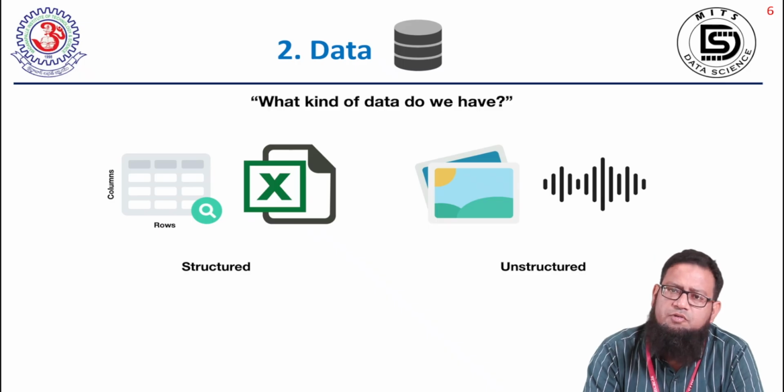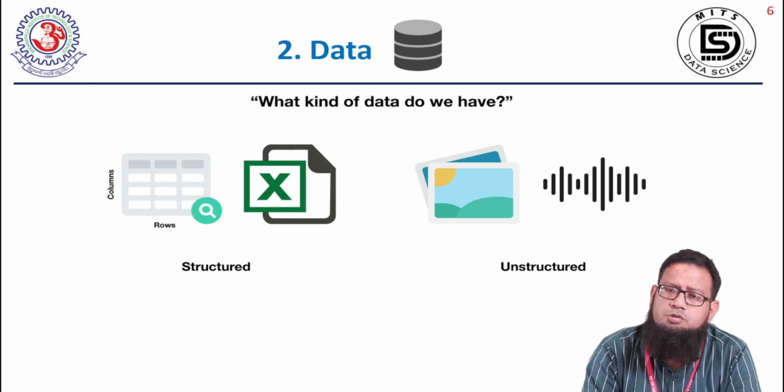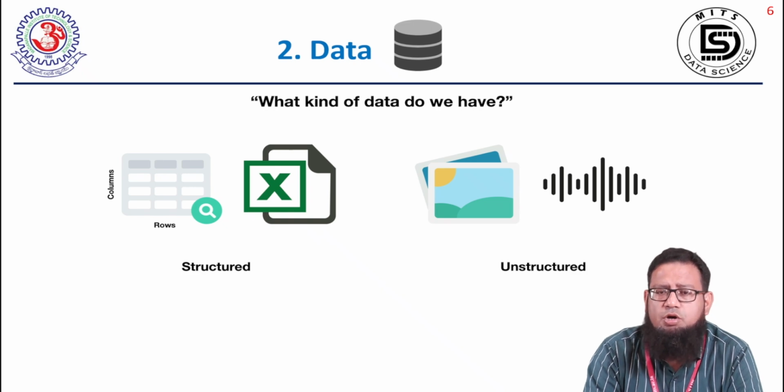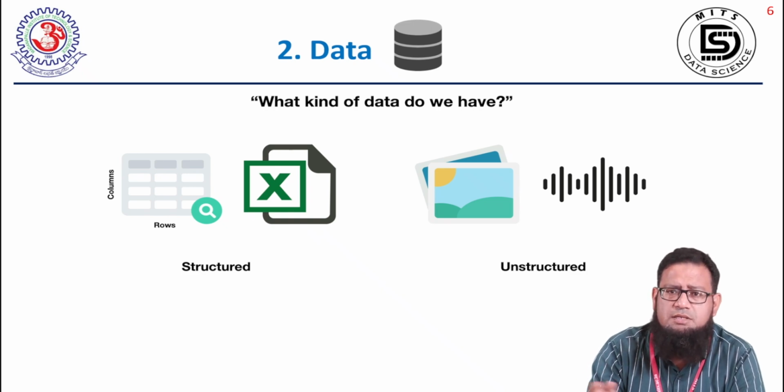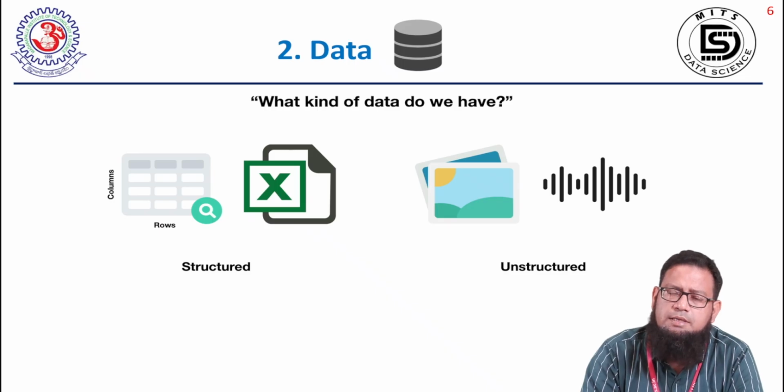Examples are video, audio, images, and also text files, though text is sometimes treated as semi-structured. Video and audio come under unstructured data, because you cannot form a pattern. So for these two types of data sets, you have to take a different approach, and different algorithms are there to solve these problems.